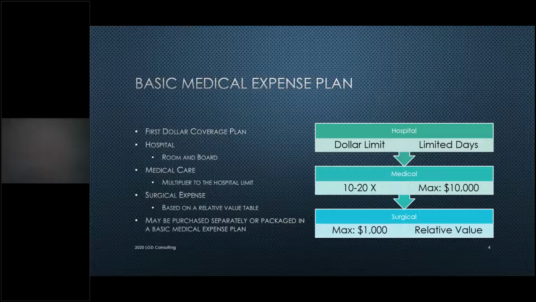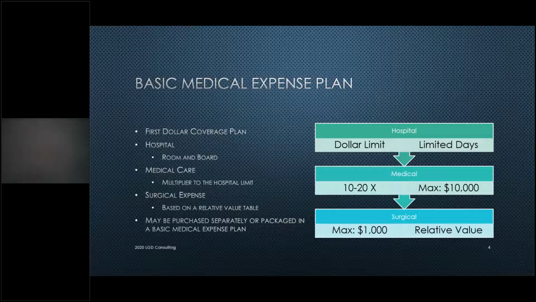So the surgical expense portion, right, it's based on what's called a relative value. You might see relative value unit or a relative value table. Right? So basically, think of every surgical procedure you could possibly imagine, and we'll put it on a list. And that procedure will have a relative value, which is a number right next to it. Right?